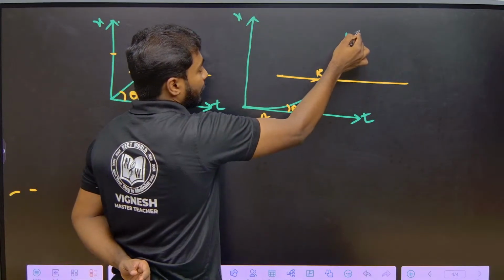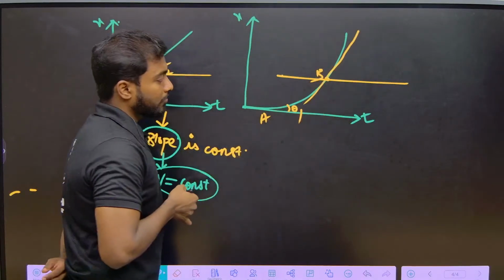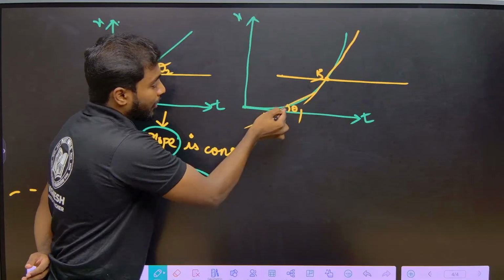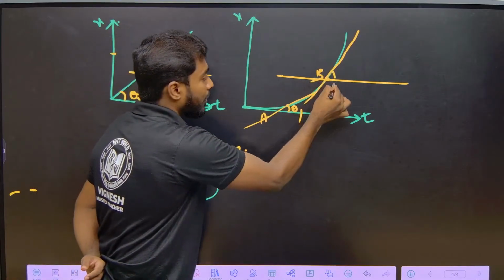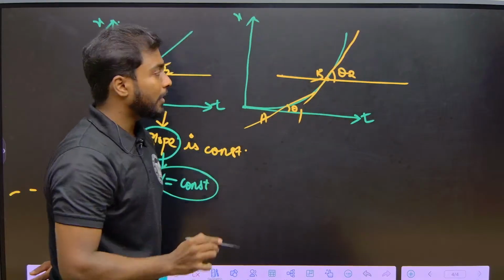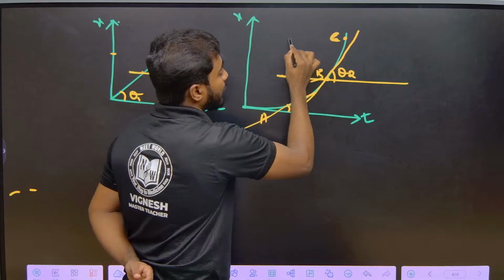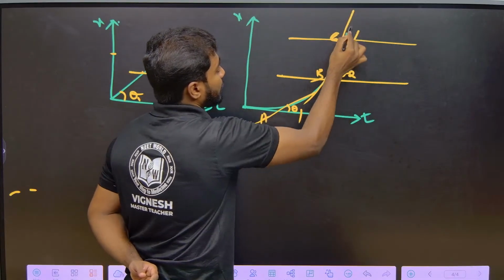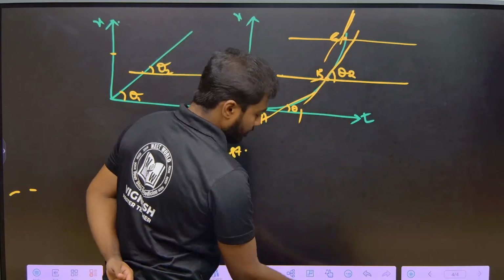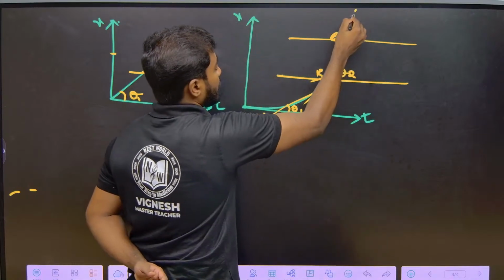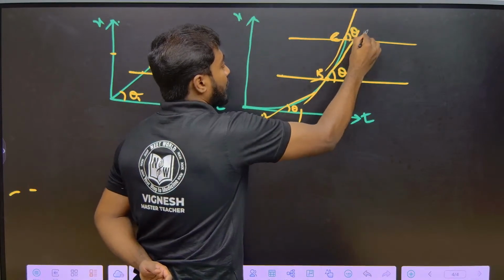Now draw a tangent like this. If I draw a tangent like this, I will get theta 1. If I draw a tangent here, I will get theta 2. If I take a point C here and draw a tangent, here theta 3.